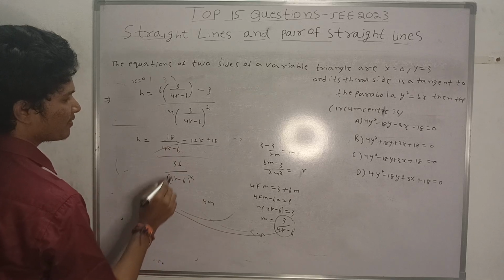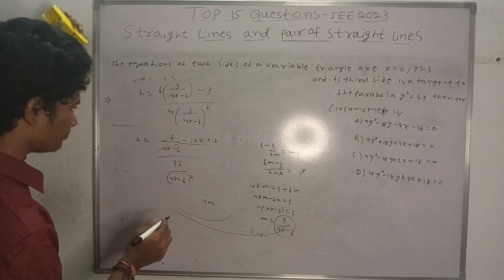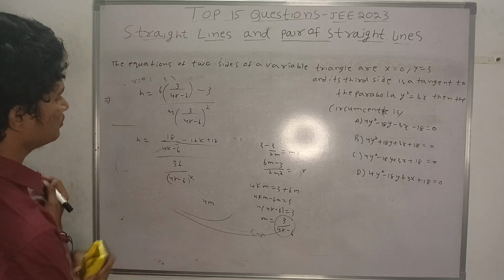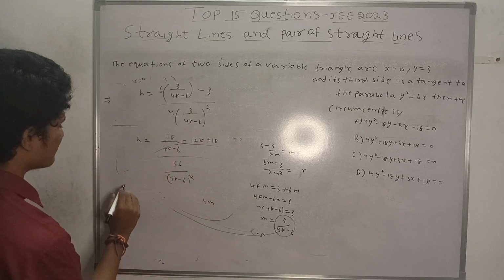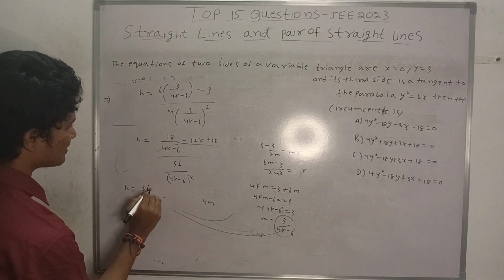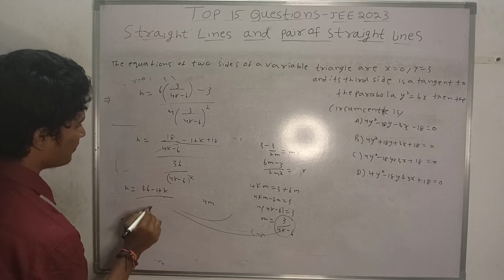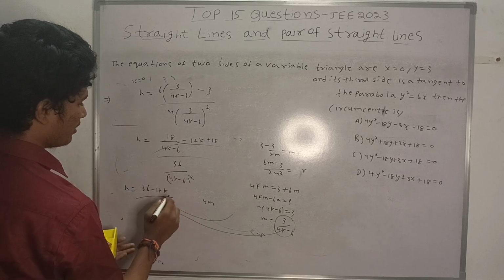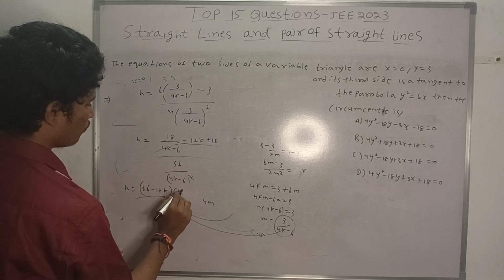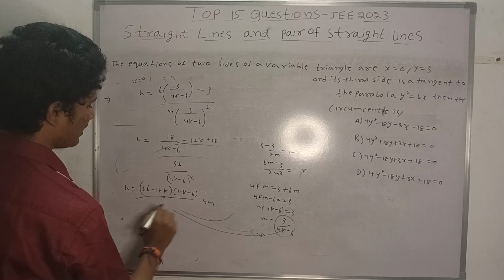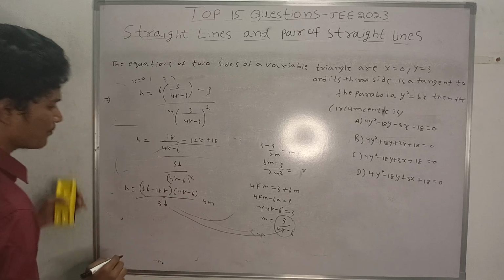It is cancelled here. And next, multiplying like this, h equal to (36 minus 12k) divided by 36 into (4k minus 6).